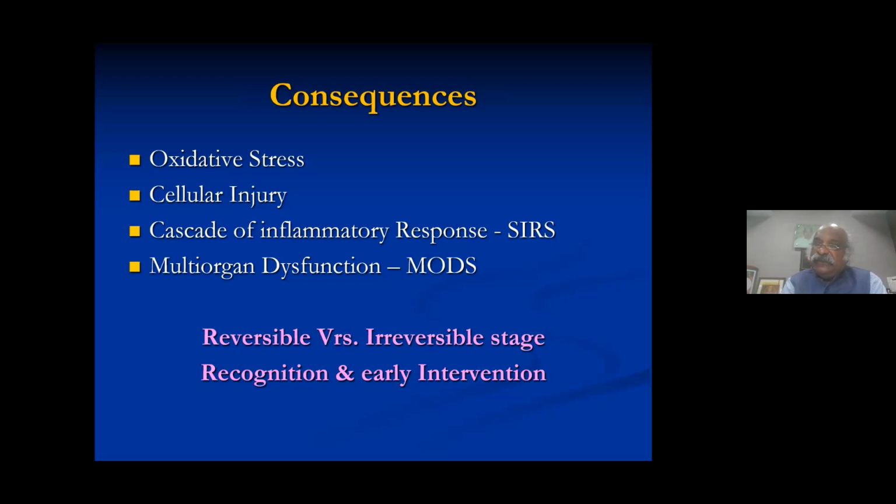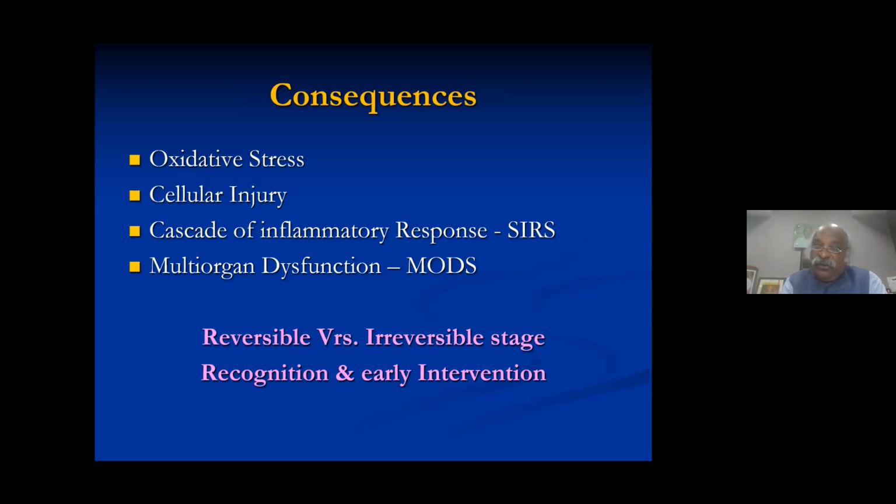So this basic physiology of shock and its impact on tissue is divided into either a reversible phase or an irreversible stage. As clinicians, we must take apt steps at the reversible stage so that mortality can really be prevented.